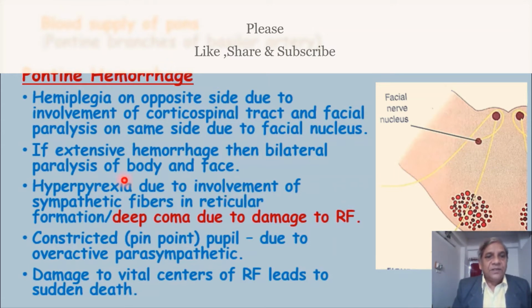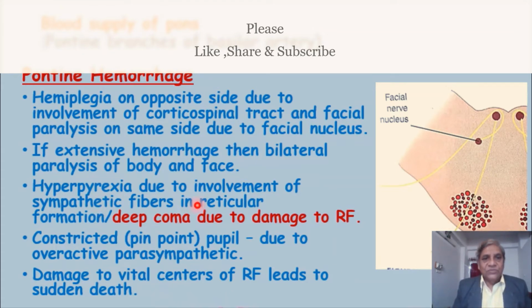If the hemorrhage is extensive, then bilateral paralysis of body and face may occur. That means if the hemorrhage is only on one side, this will be there, but if it is extensive, it may extend to both sides of the pons, on either side of the midline, and then there will be bilateral paralysis of body and face.